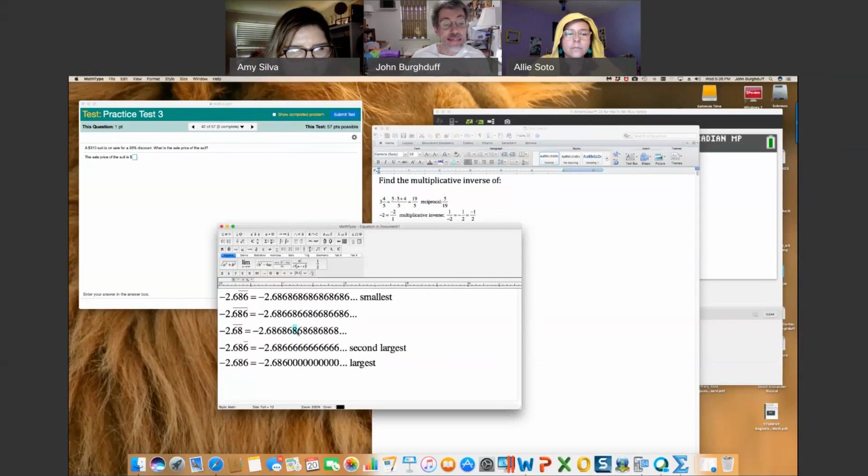This one has an 8 in the sixth place. This one had a 6. So this one that I've got marked right now would be the next largest, the third largest. And then that would make this one the fourth largest, second smallest, however you want to say that.